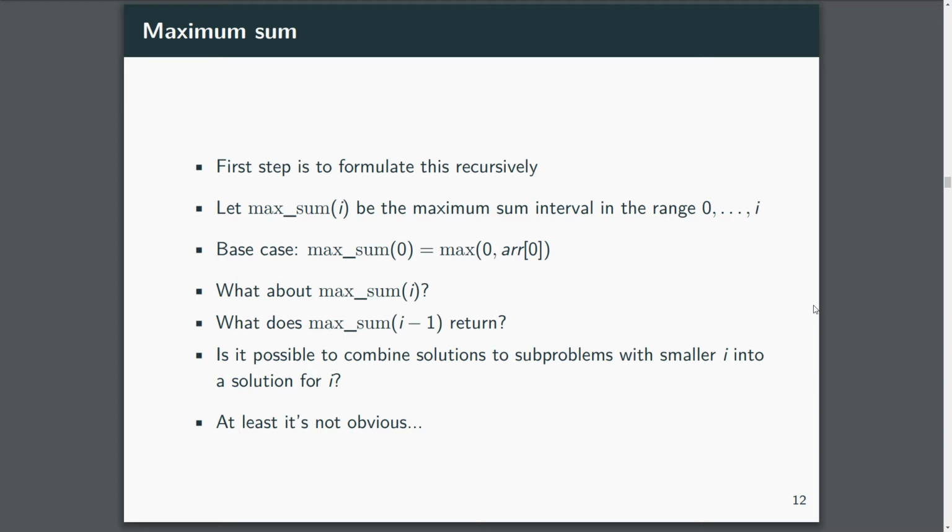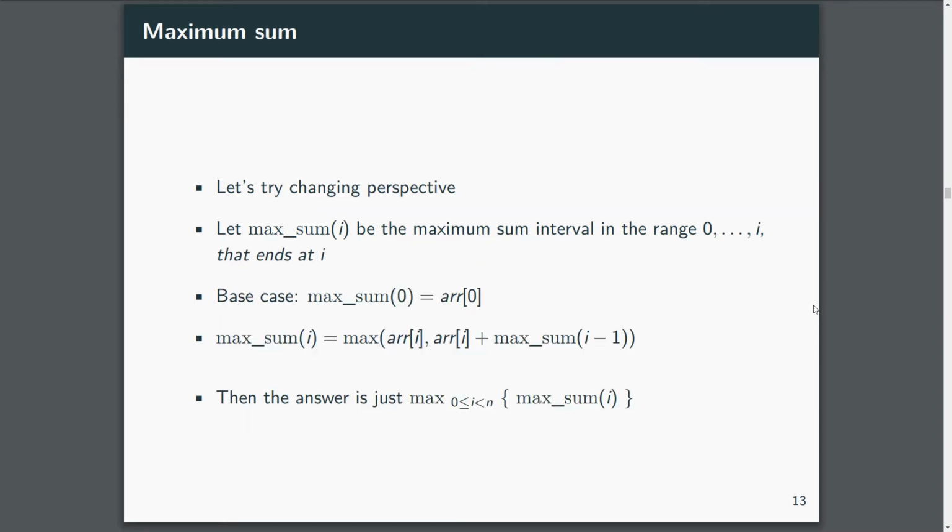So let's try to change the perspective a bit. So let's make sure that the maximum sum interval here ends at I. So then our base case no longer has the selection of taking the element or not, because our interval has to end at index I. So we have to take the first element here.